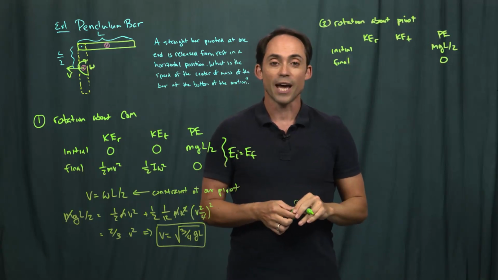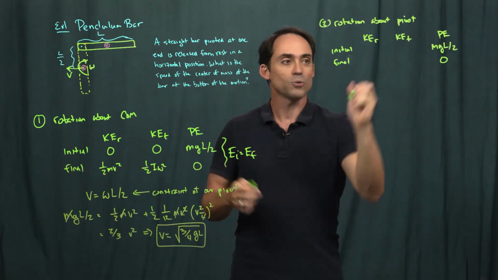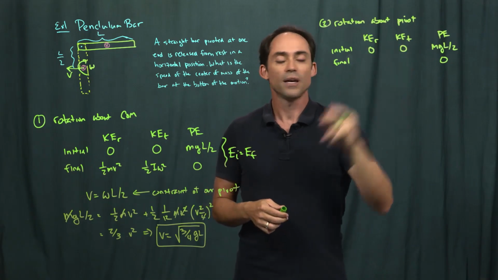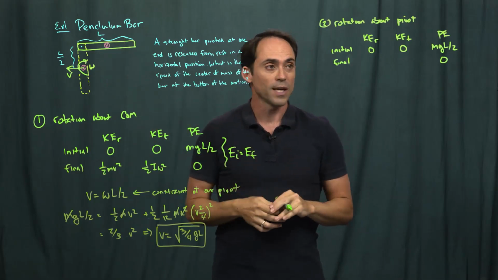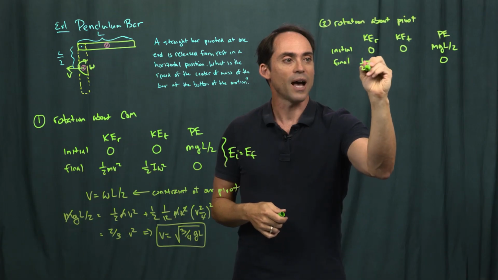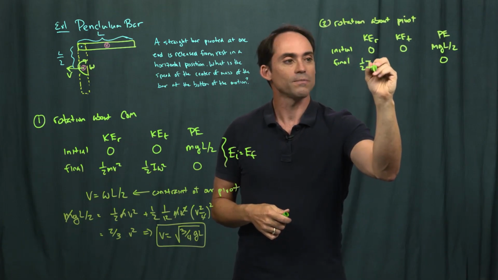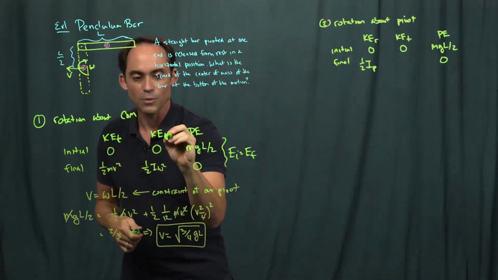What does change is when we calculate the kinetic energy of the rotation. In this case, of course, we're starting with 0 for both of these. But at the bottom, we're really looking at rotation about the pivot point alone. And so that gives us a 1/2 times I of the pivot. And just to make sure I'm clear, I realize I put these the opposite way. So this is translation and this is rotation.